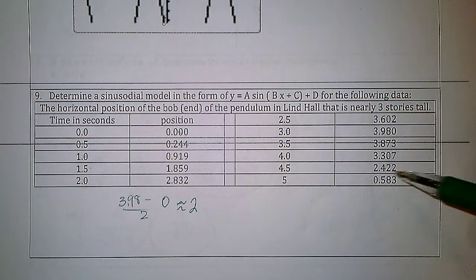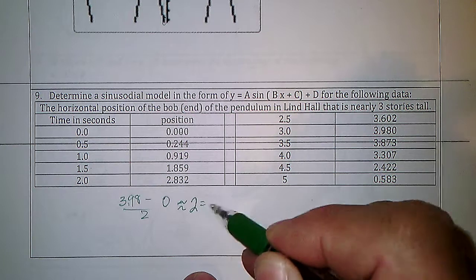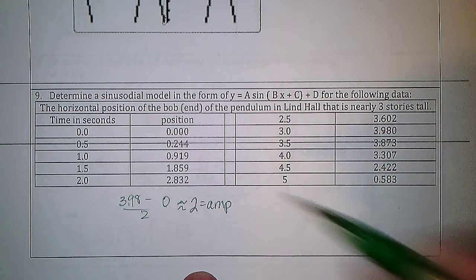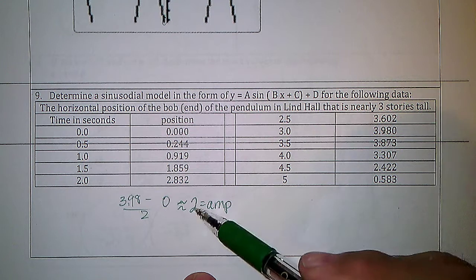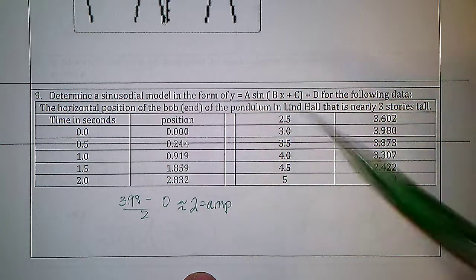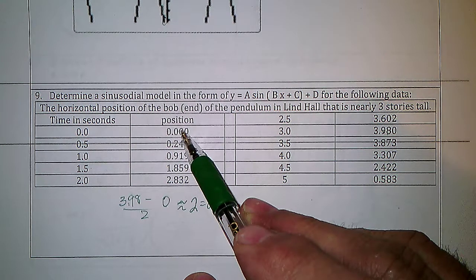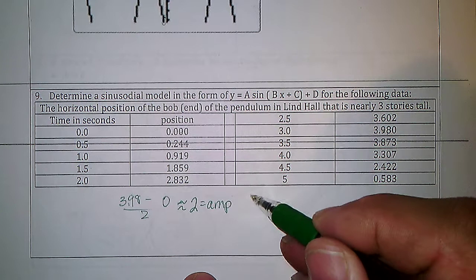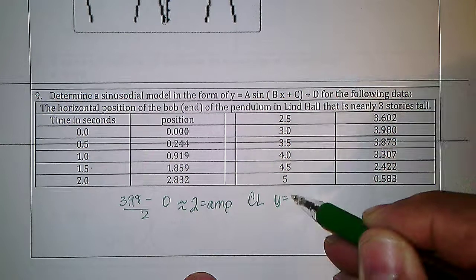The difference between the high and low times 2. So I'm going to have an amplitude of 2. And so the center line is going to be halfway, 2 above the low or 2 below the high. So that's going to be, if the high is 4 and the low is 0, the center line is going to be y equal 2.